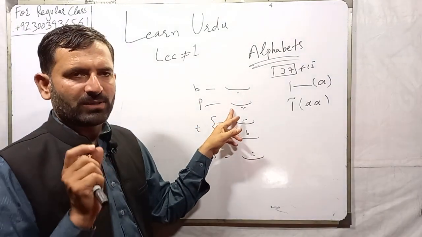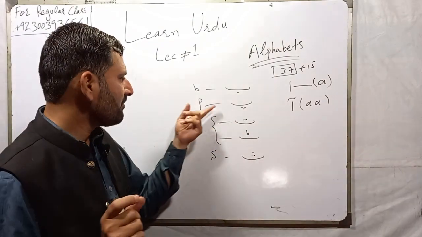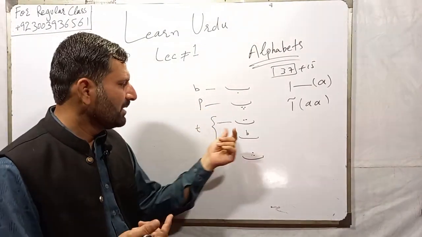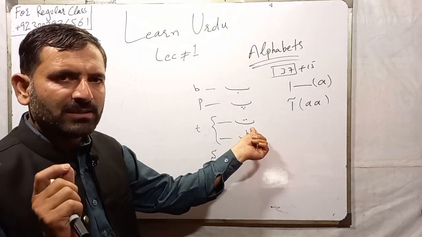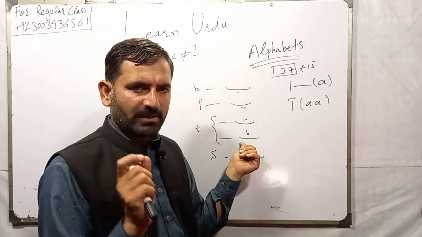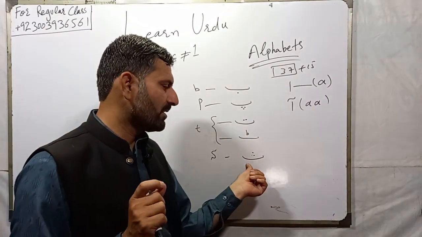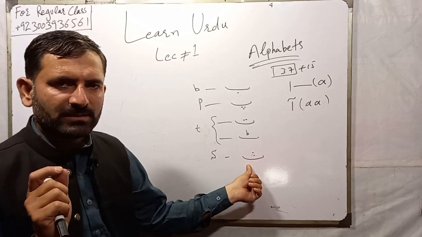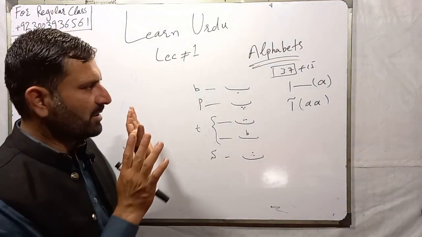Pe sounds as pa, parcham, papa, and in English the same as P. Te, ta, tala, taya, te, ta, tomato, tub, table, tableau. Sa, se, summer, salas. I think you have learned it.